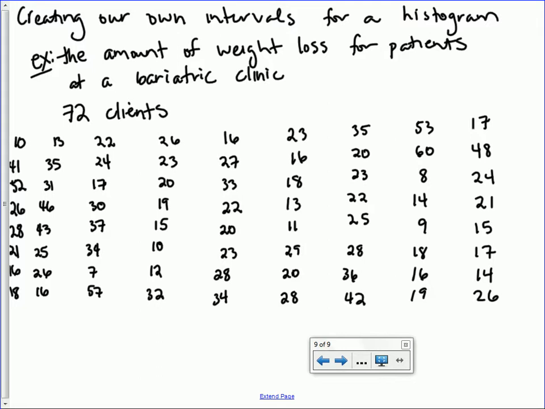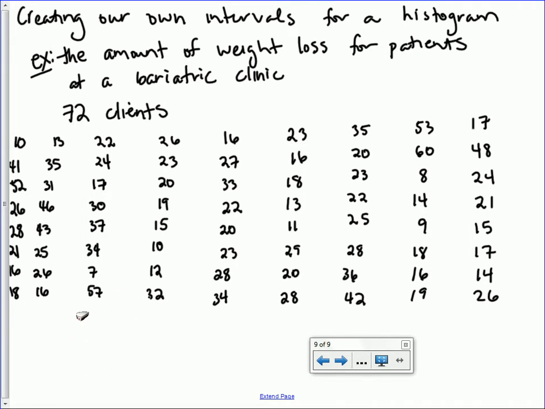You can see that there's 72 clients' numbers, and that some patients lost a lot, like 60 pounds, and some patients did not lose as much, like someone lost maybe 9 pounds in this clinic. So the problem is we don't know how to break it up.